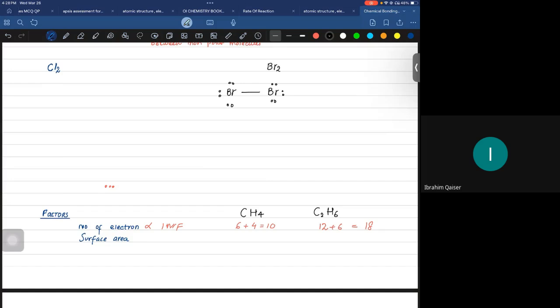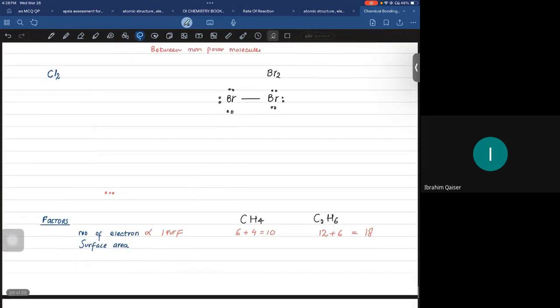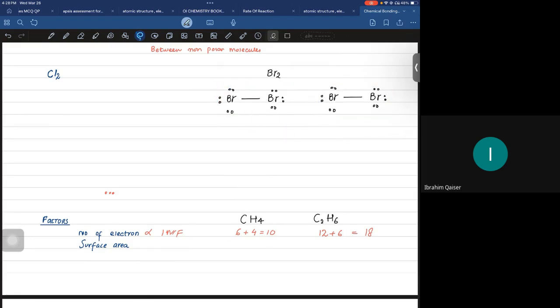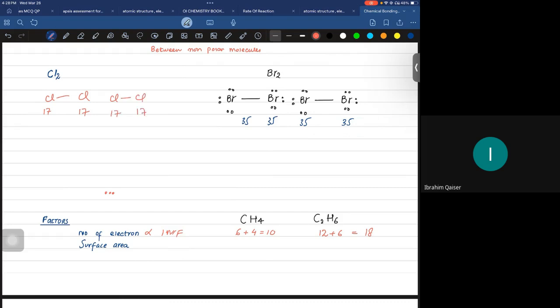Bromine is 35. When you have two molecules of bromine and they approach each other in this way, there are 35 electrons on each atom. In the case of chlorine, 17 electrons on each atom.